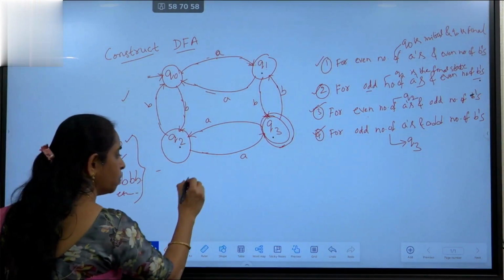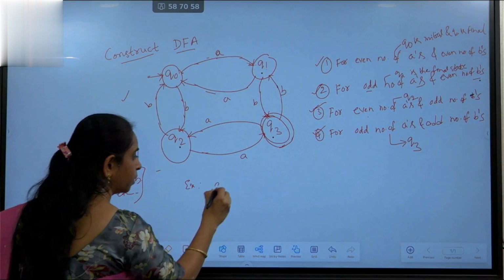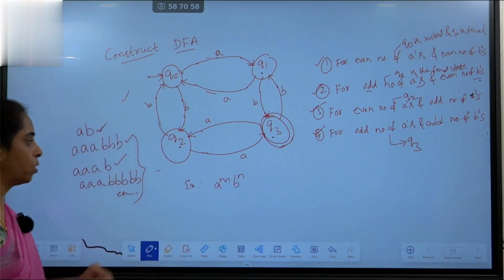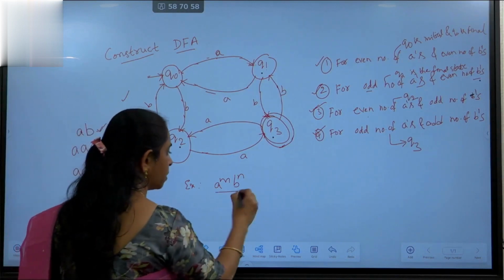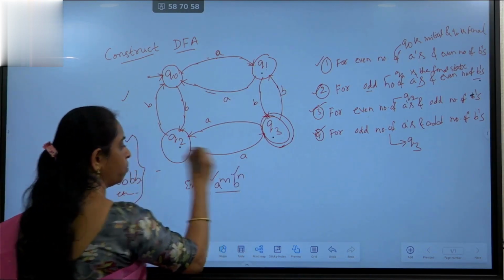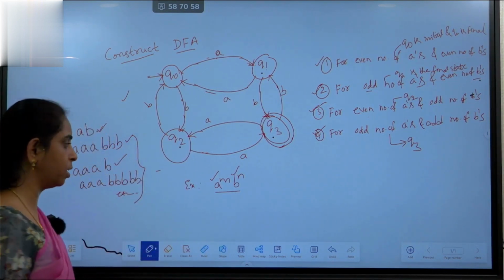Now we will go with a simple example, A power M, B power N. We have to construct the DFA based on this condition. That means any number of A's and any number of B's has to satisfy the DFA.